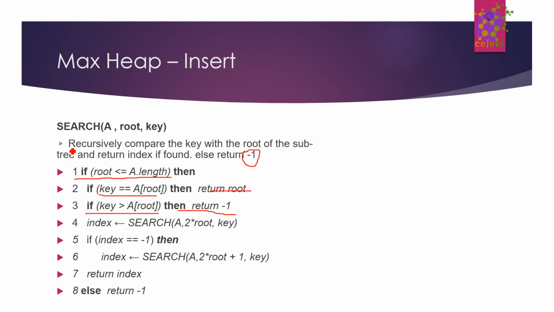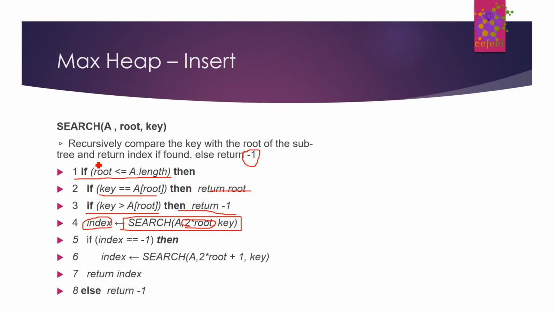Now if both conditions are not true, which means the key is less than the root, we have to continue our search, and first we continue in the left subtree. We recursively call the search method with 2*root and key. Remember, 2*root is the root of the left subtree, and the value is returned in index.